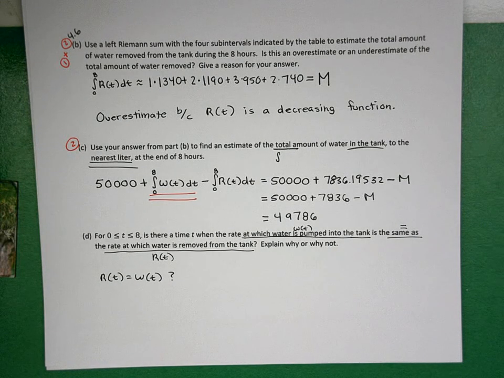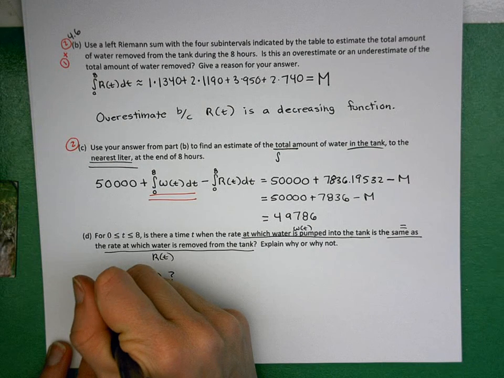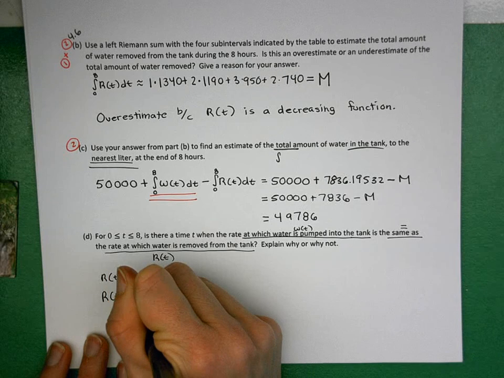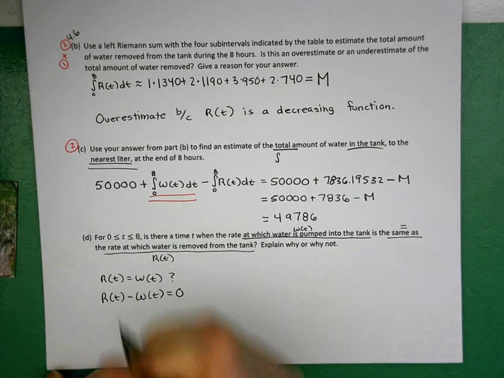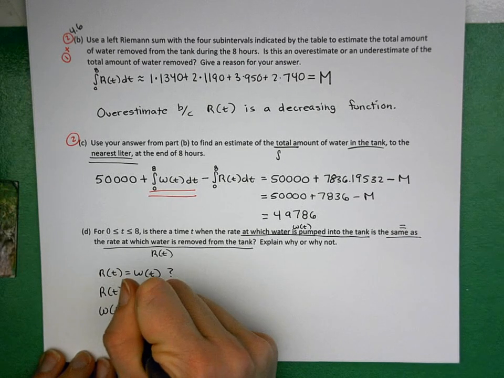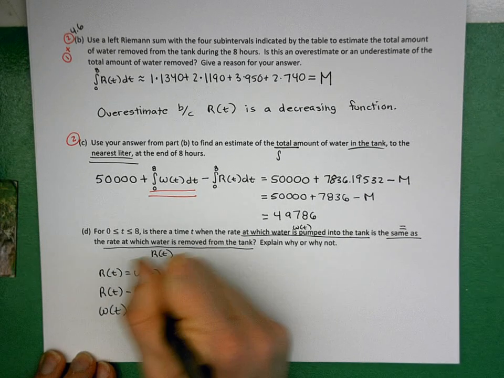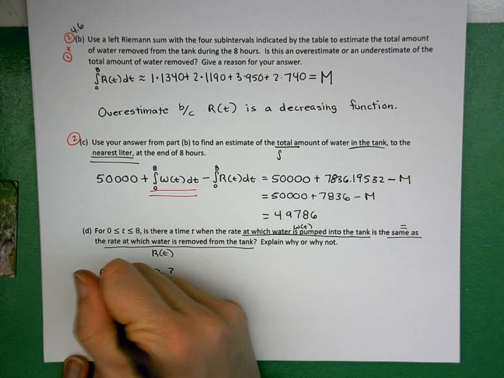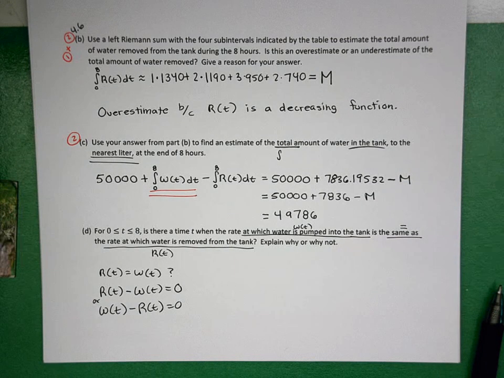The reason you might consider that is, for r of t to equal w of t, it means that if I subtracted one of them over to the other side, either subtracting the w of t over with the r of t, or the r of t over with the w of t, one of the two, they would have to equal 0, right?